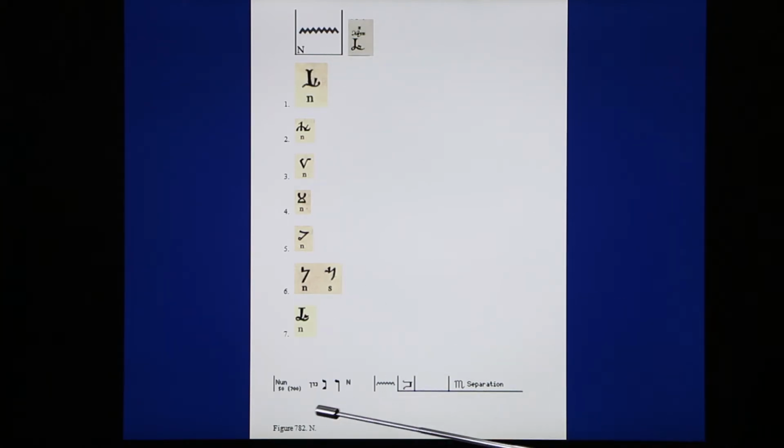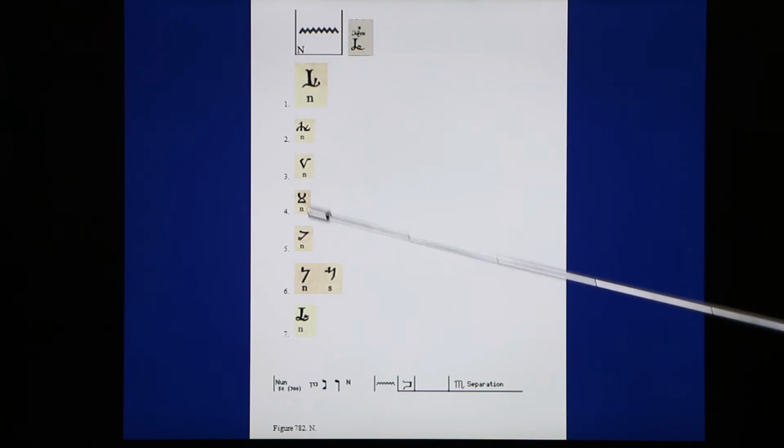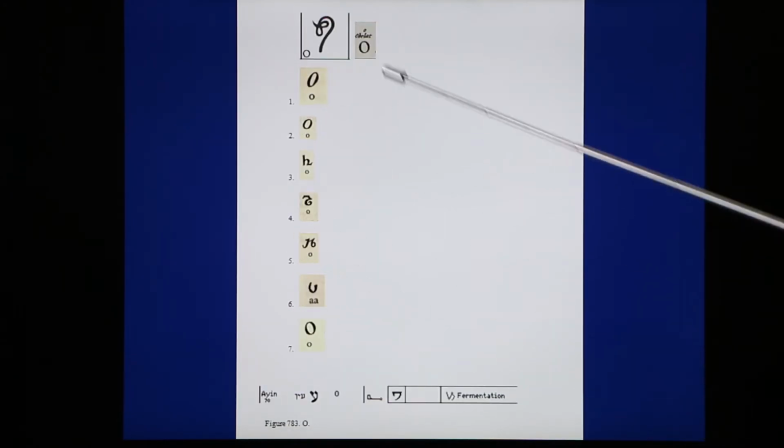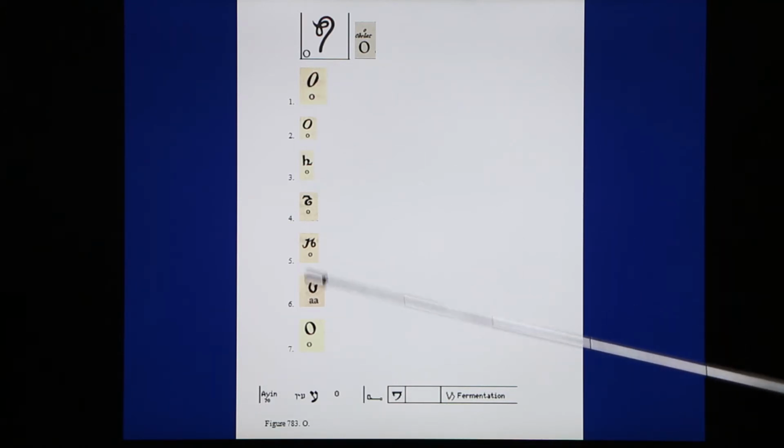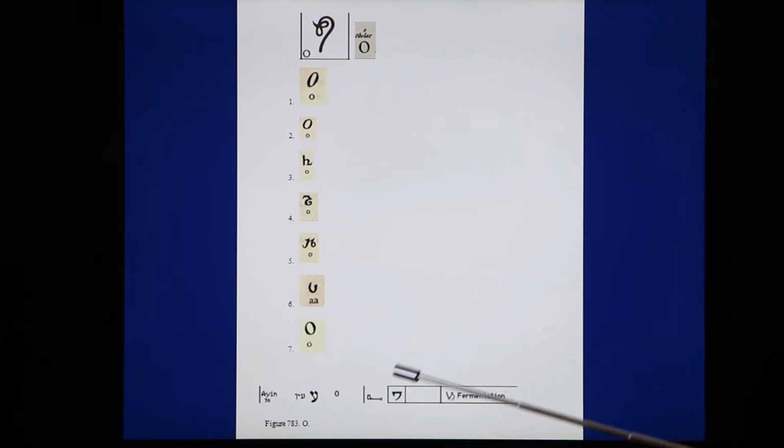N, separation, nun, and various nuns. O, a noose, which you see here in a different version, but it's connected. Ayin, and then mainly O's.